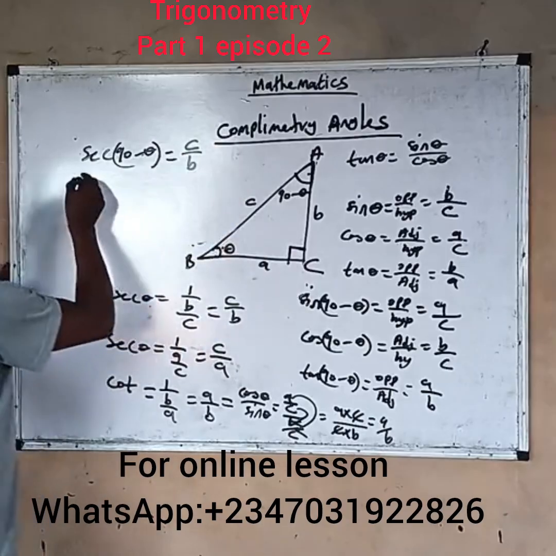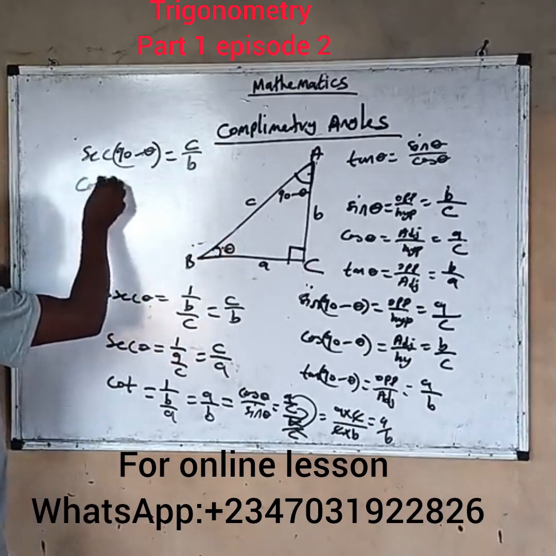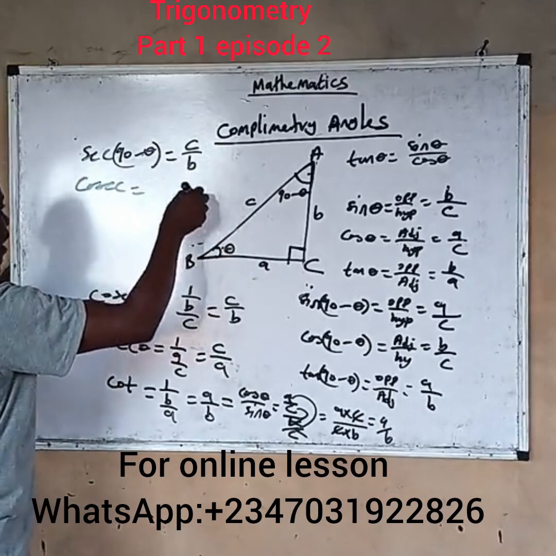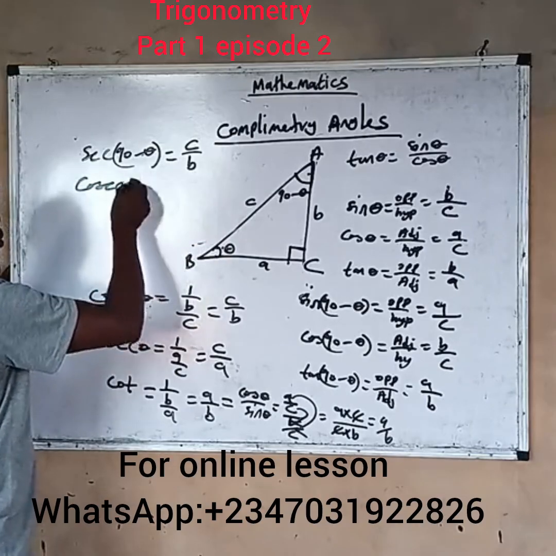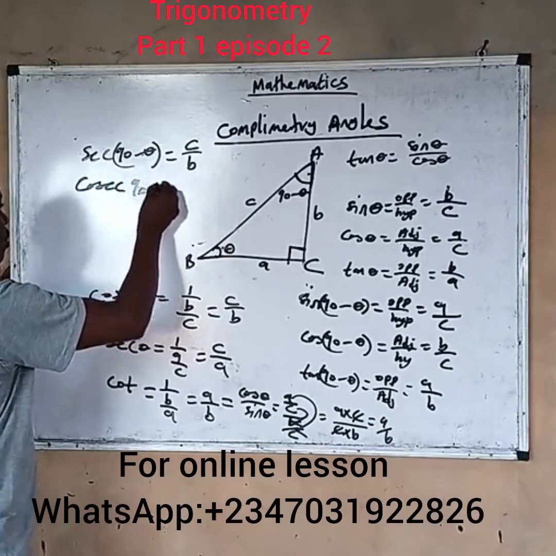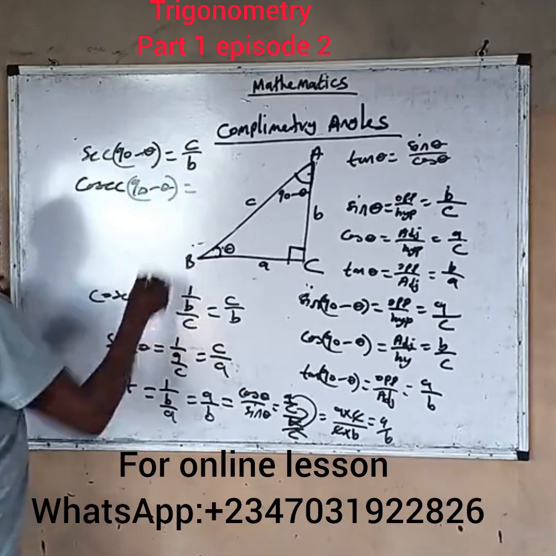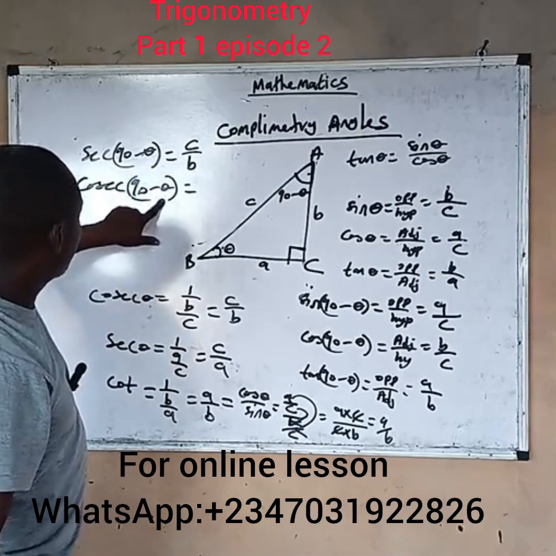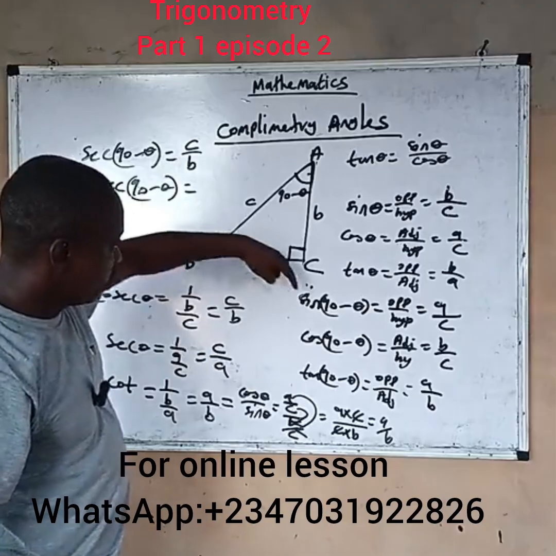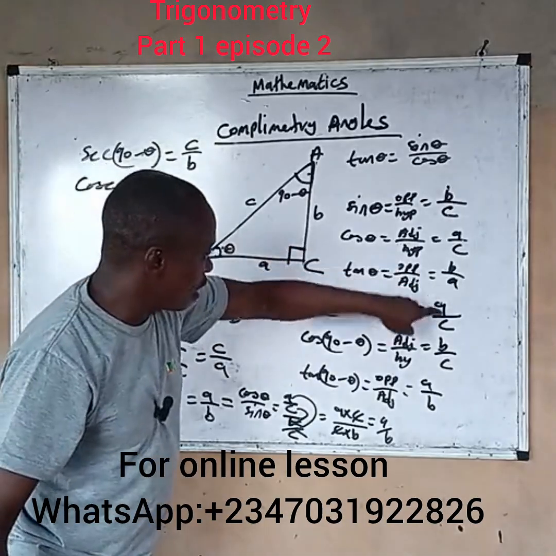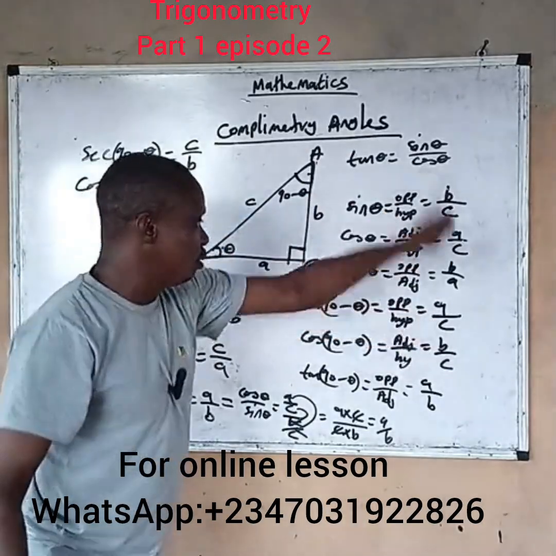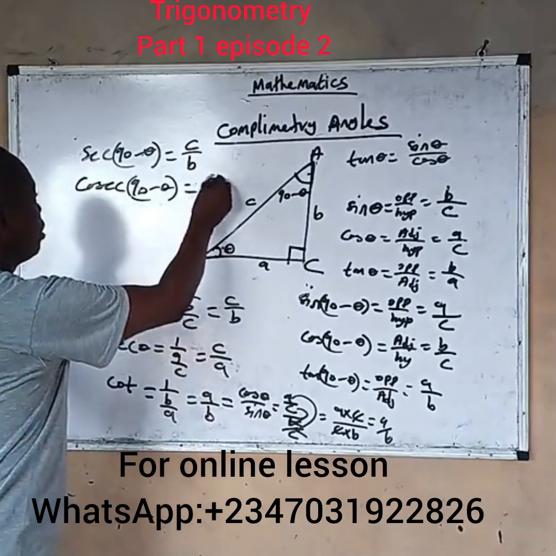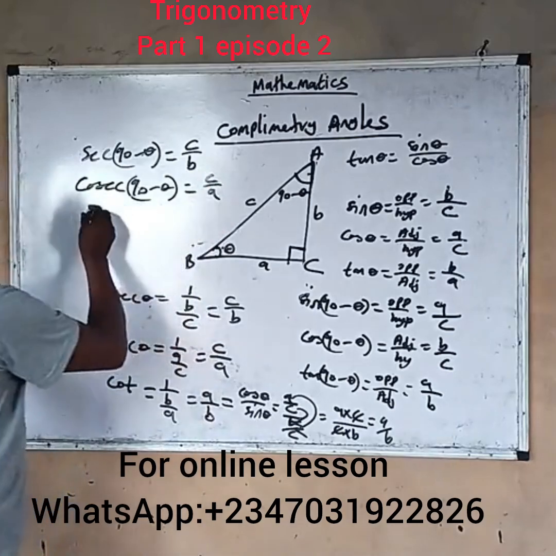The reciprocal. Then cosec 90 minus theta is 1 over sine. And sine 90 minus theta is a over c. 1 over a over c is c over a.